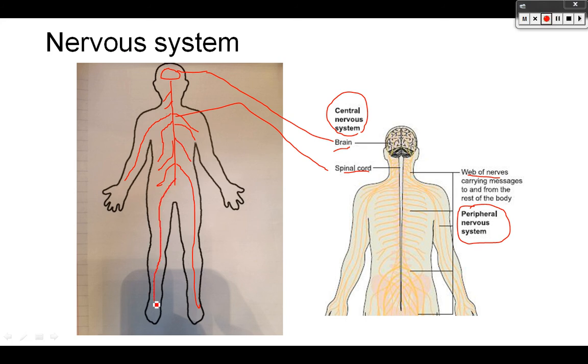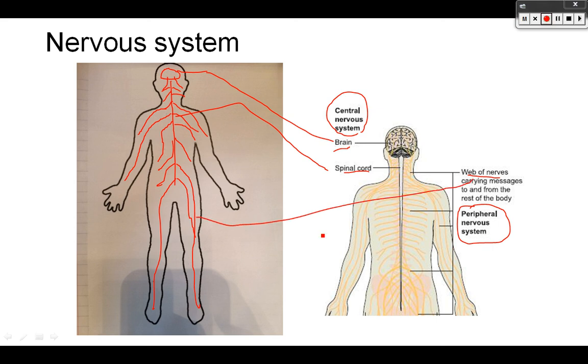These nerves are some of the largest cells in your body, simply because they stretch so far. And so there is my web of nerves. You'll notice there are some that are even coming out from the brain here. Pretty easy.